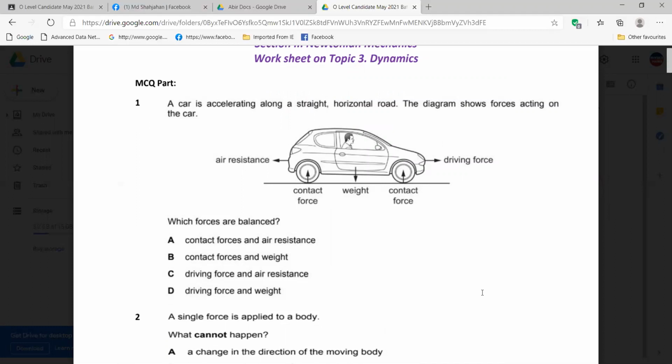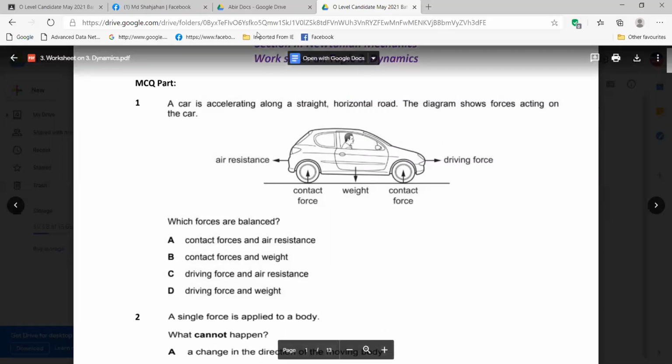You gave driving force and air resistance. You see the information given here: the car is accelerating along a straight horizontal road. It's accelerating. That means it's Newton's second law.